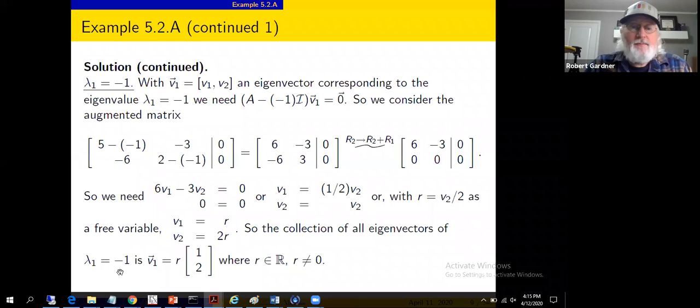We need one of them. How about we let r equal 1, we'll take the vector 1, 2. You want to let r equal 2 and take the vector 2, 4, good, knock yourself out. That'll work as well. We just need an eigenvector. You want to use 1/2, 1? That's what we get with r equals 1/2 here. I don't recommend it because the 1/2 stuff will come back to haunt you when we're inverting matrices down the road.